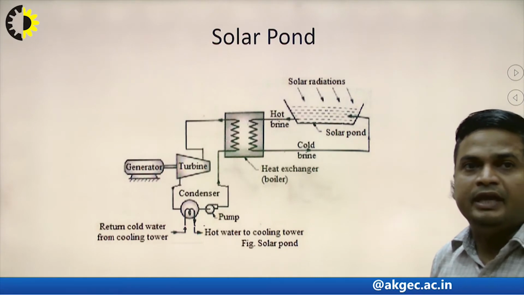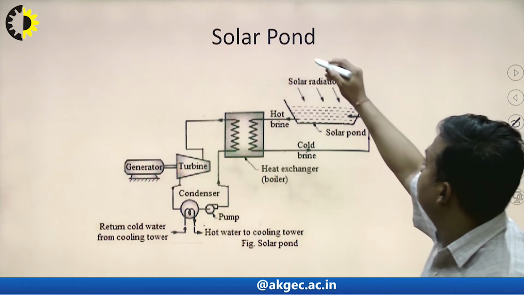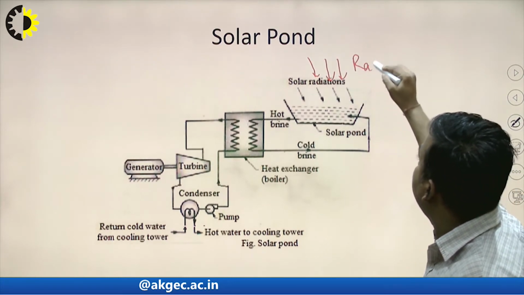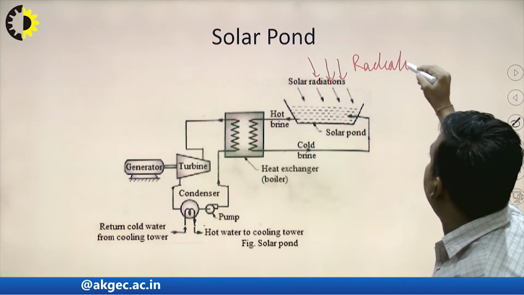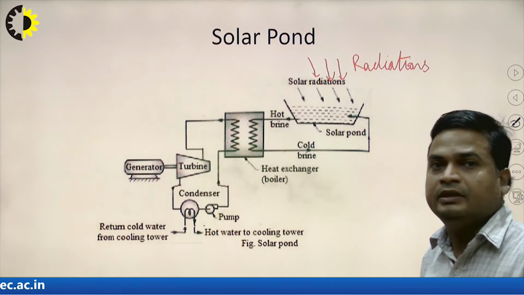Now, this is a diagram of the solar pond. In this, these are the solar radiations coming from the sun and falling on the pond.